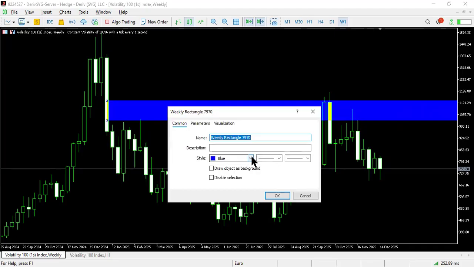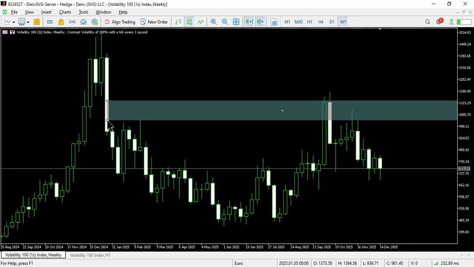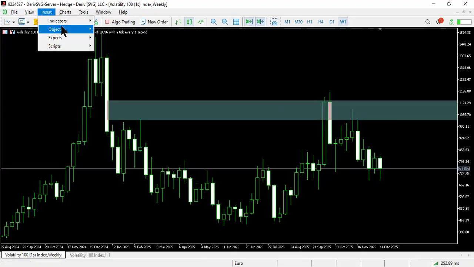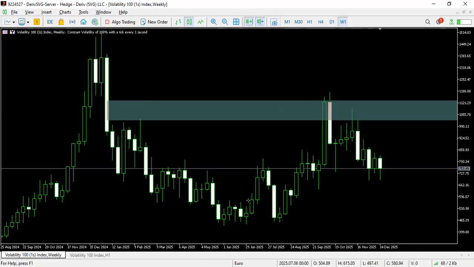We change the color to the color that I use. So that is a supply zone. And then down here we have our demand zone. Right there we have our demand zone.